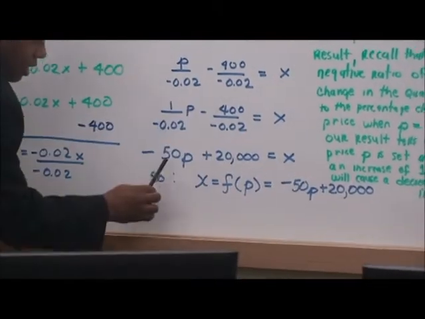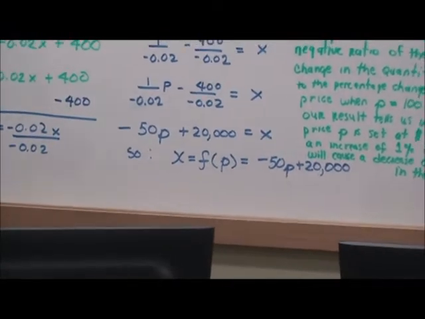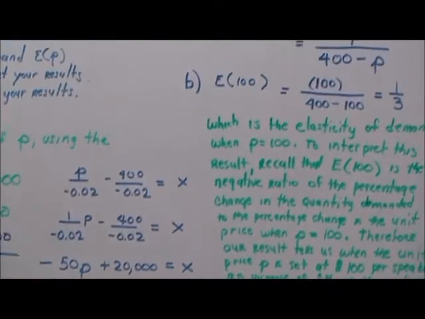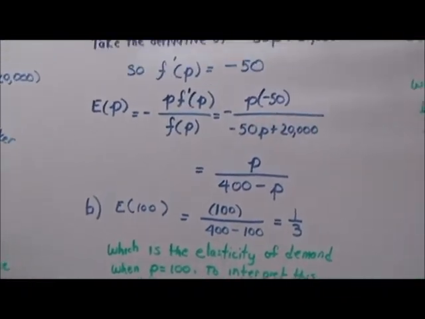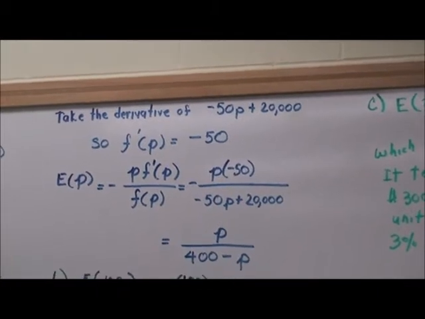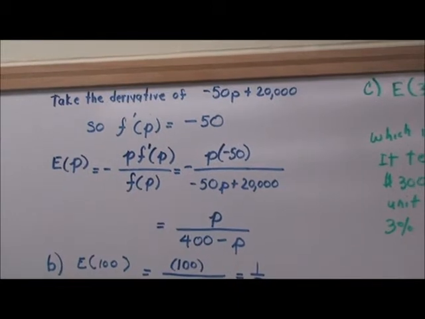After we came to this line, we said that x is equal to f of P, which is equal to negative 50P plus 20,000. Now, we want to take the derivative of negative 50P plus 20,000, so we get f prime of P to be negative 50.